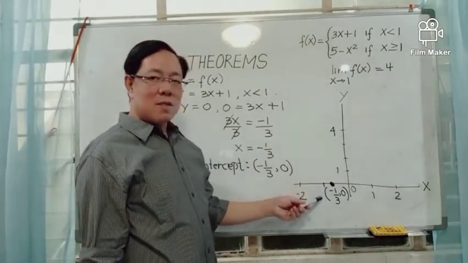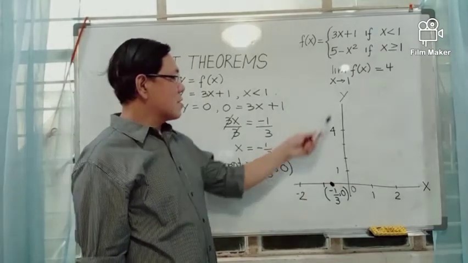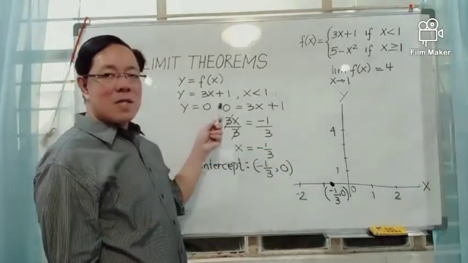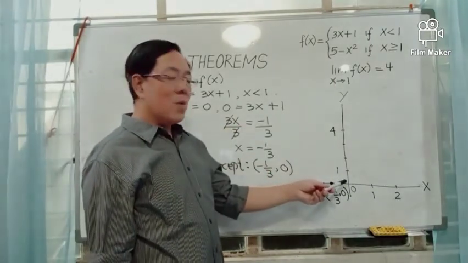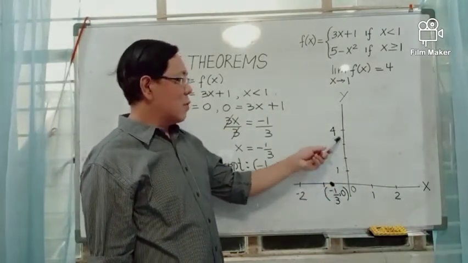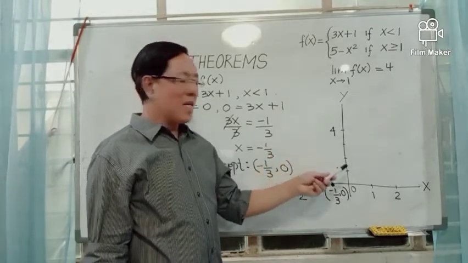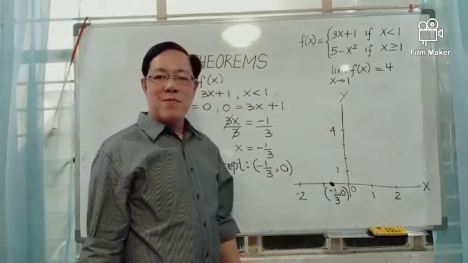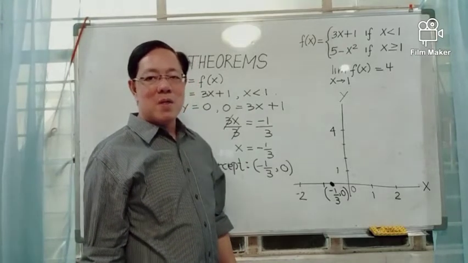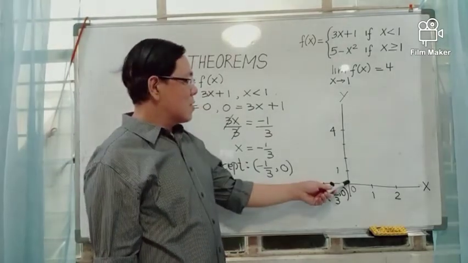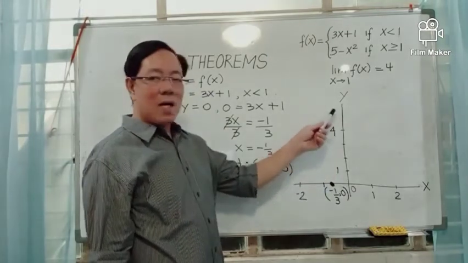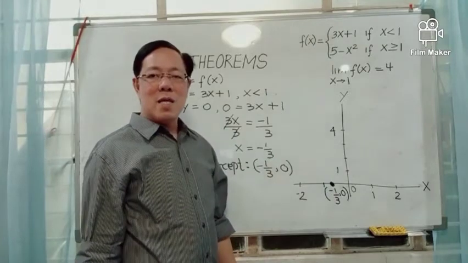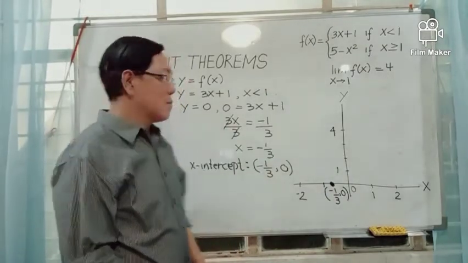on the x-axis. Now we find the intersection of the vertical axis and the line, the graph of y equals 3x plus 1. The y-intercept is a point on the y-axis. And any point on the y-axis has a value of 0 for the abscissa, or the variable x. So to find the y-intercept of the line, or the intersection of the line with the vertical axis, you set x to 0.